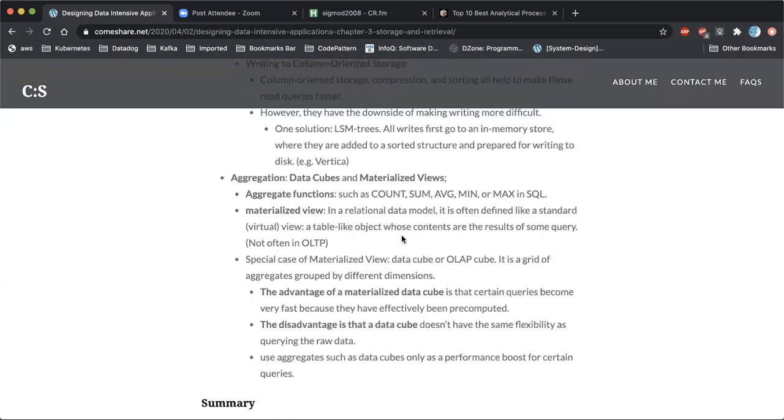He calls those the standard view, and materialized views are, from what I understood, a bit more advanced than a simple query, and they contain more information than a view.